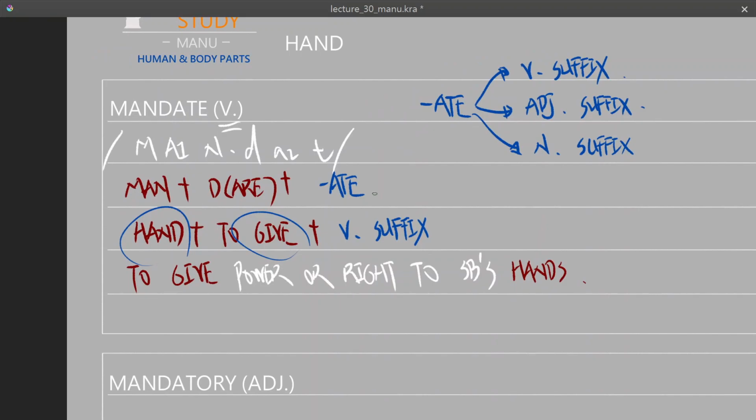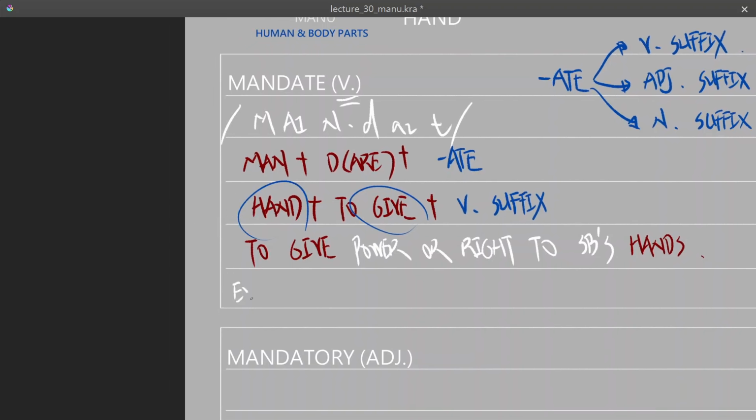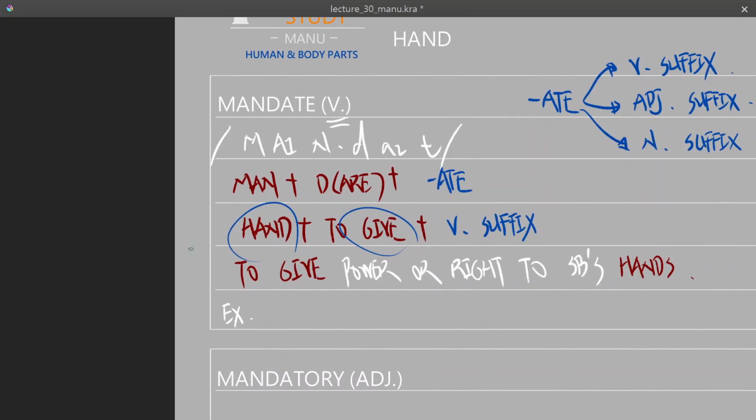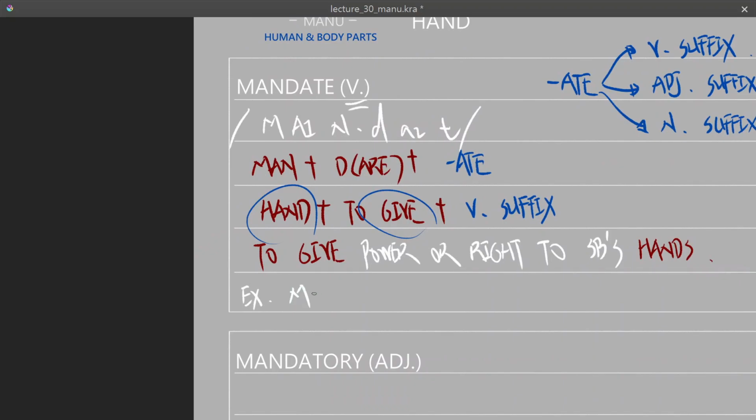Alright, so for example, we could say, let's say, Ministry of Health, MOH for short.